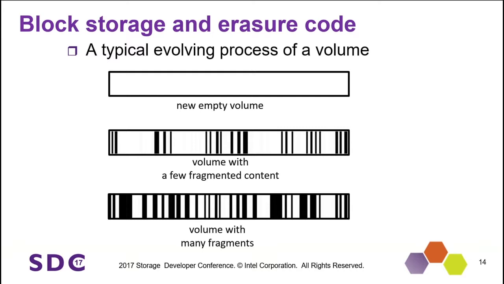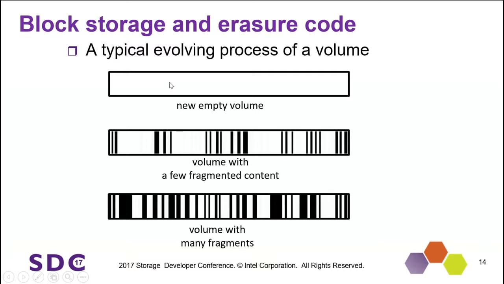But in block storage service, things are different. At the start, the content of the volume is totally empty, and its storage process is not only one operation, but a lasting process with random block writes, step by step.